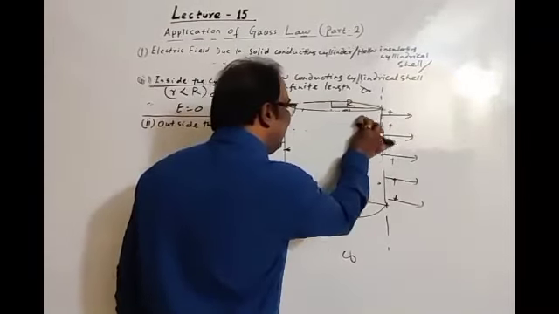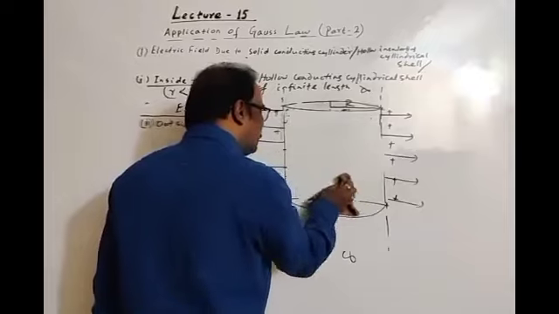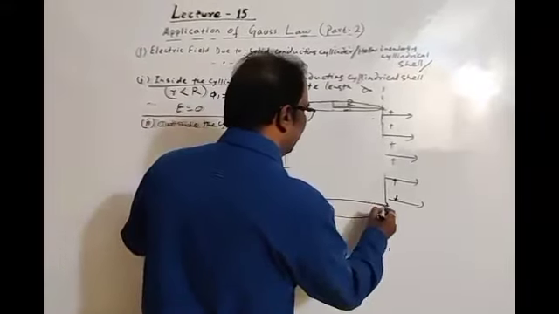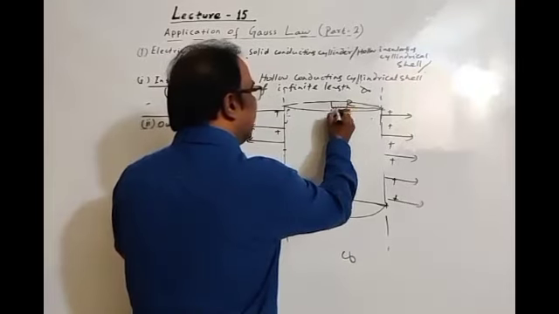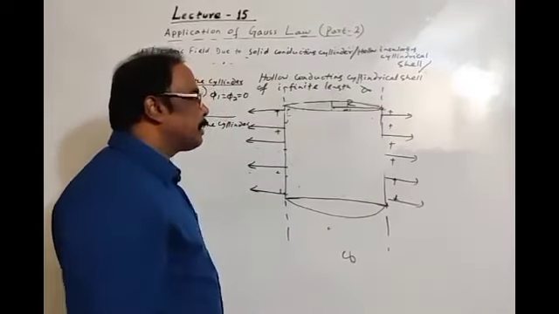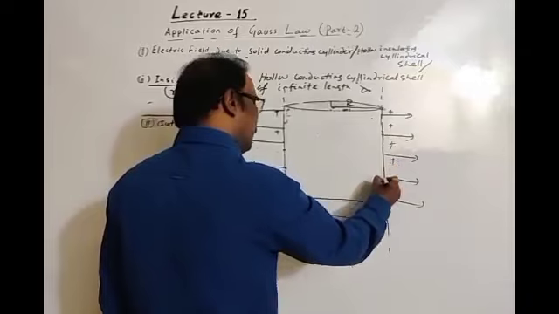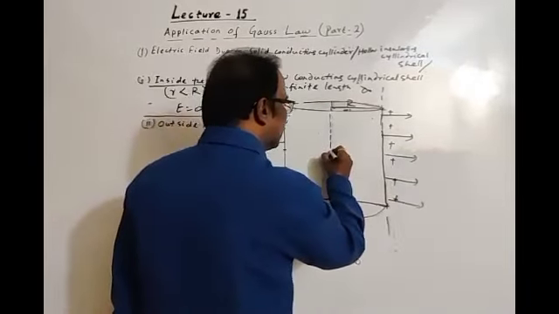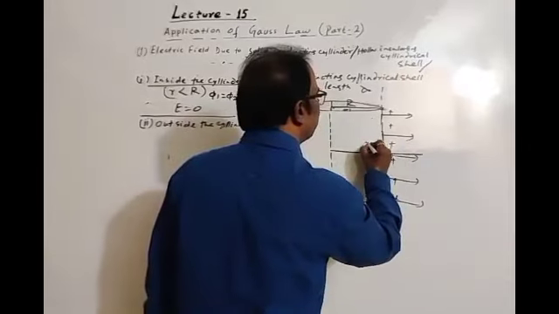Now we will find the electric field outside the cylinder. Again, this is R, the radius of the cross section of the cylinder. This is the axis of the cylinder. Let's consider a distance r.